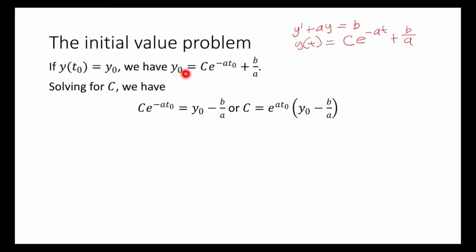So this is y0 equal to c e to the power of minus a, we change t with t0, plus b over a. And then of course we can solve this for c. We move b over a to the left, and then we have to divide both sides by e to the power of minus a t0, and then altogether we have this is the c.